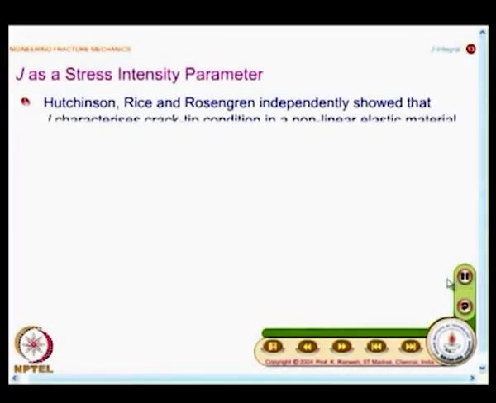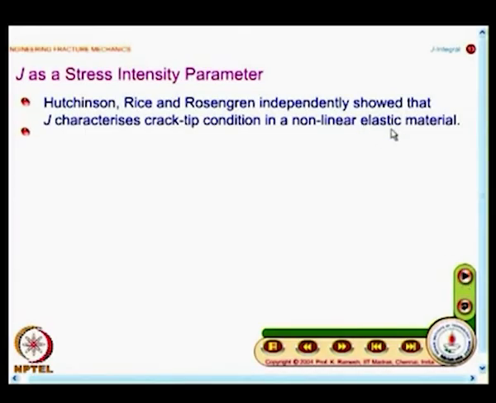And here again, people have started from non-linear elastic solids. So, you have papers by Hutchinson, and there was also a paper by Rice and Rosengren. They have independently showed that J characterizes crack tip condition in a non-linear elastic material.